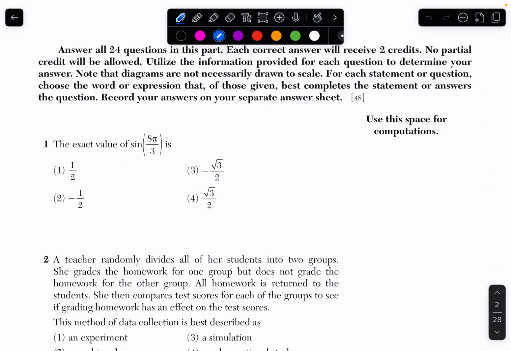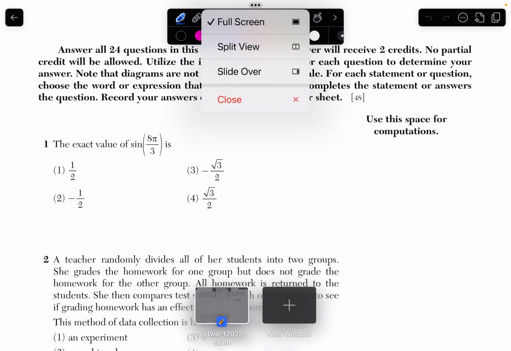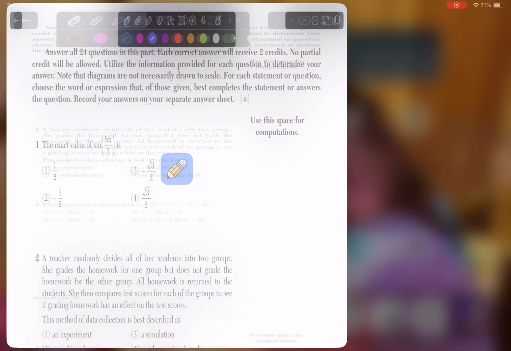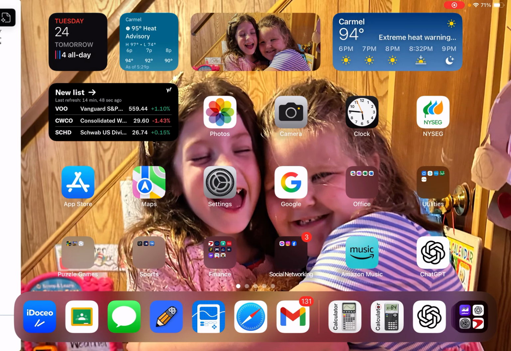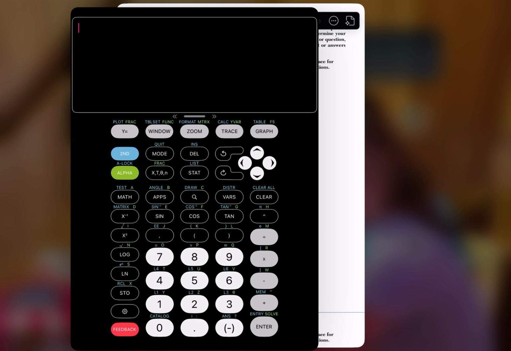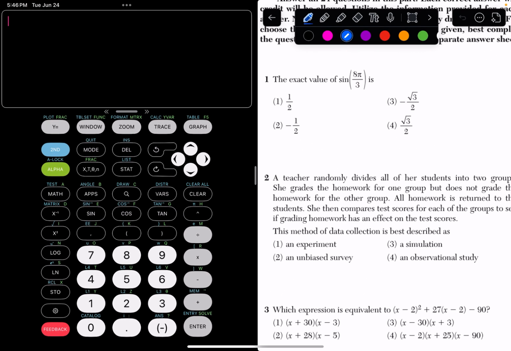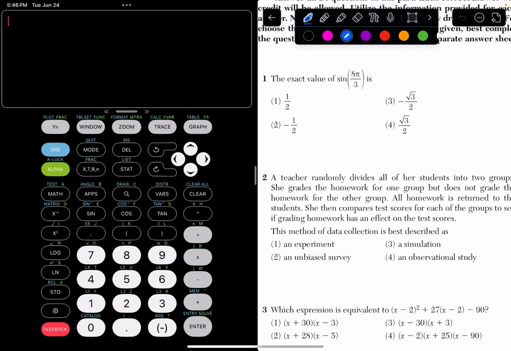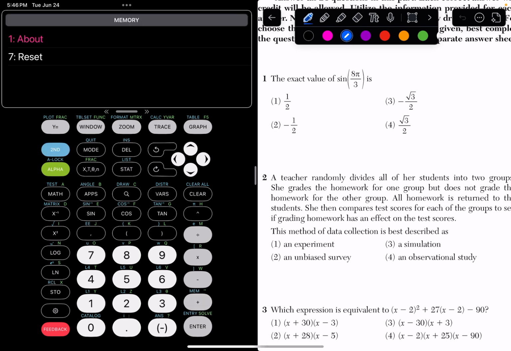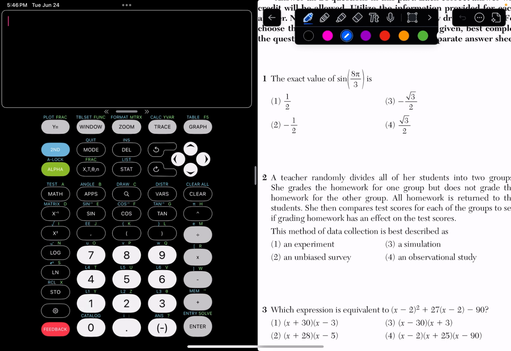So, the first one, I'm going to put my calculator up here also, and I'll just zoom in and out. And I just want to talk about the calculator for 1 second. When you get there, you're going to do second, memory, 7, 1, 2, and everything's going to be switched.